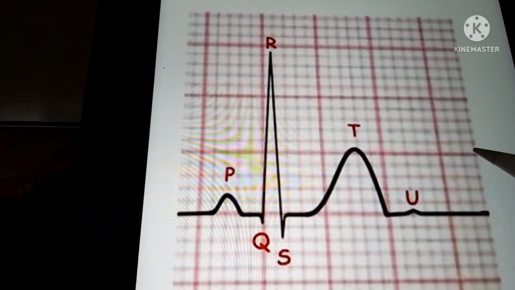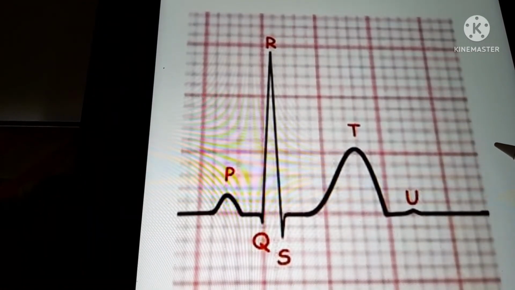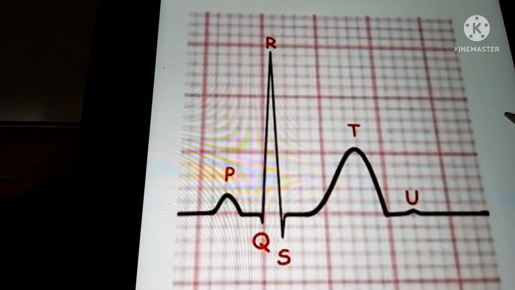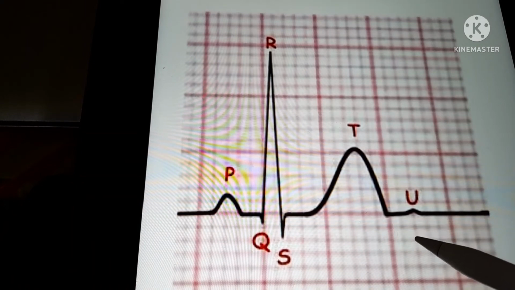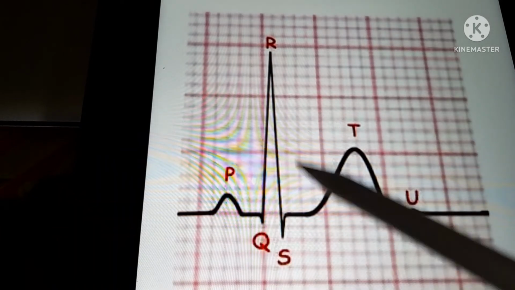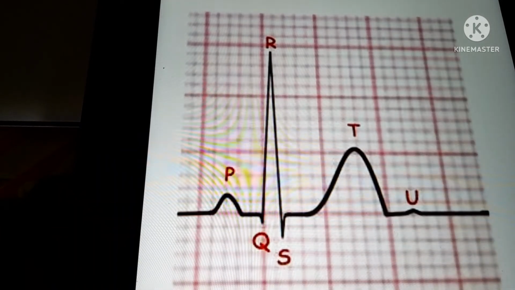So as we know, one small box is 1 millimeter, one large box is 5 millimeter. For standardization we need two large boxes in a normal ECG, and the speed of the paper should be 25 millimeter per second, and an ECG has P, QRS and T waves.